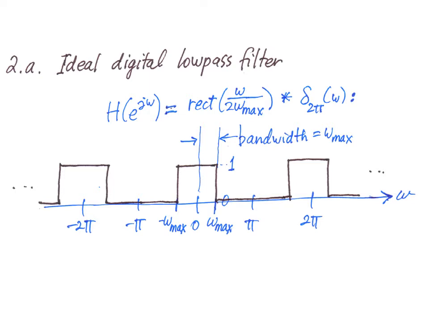If you look at the period that's centered at 0, that is shown here from minus pi to plus pi, the period is 2 pi, that period looks like the ideal low-pass filter response in the continuous time case, a rect pulse, but now it's extended periodically by being convolved with delta sub 2 pi of omega impulse train.